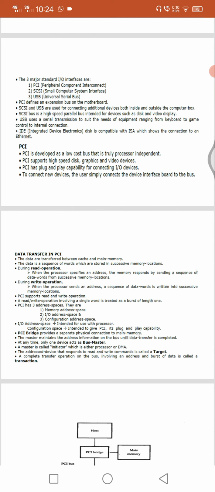In read and write operation, a single word is treated as a burst of length one. PCI has three address spaces: memory address space, input and output address space, and configuration address space. The input and output address space is intended for use of the processor.